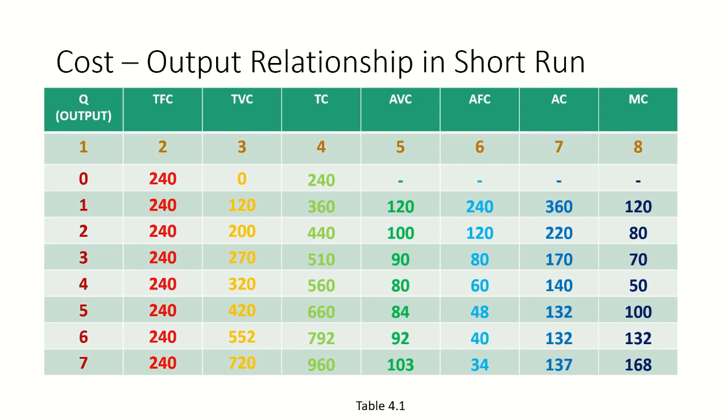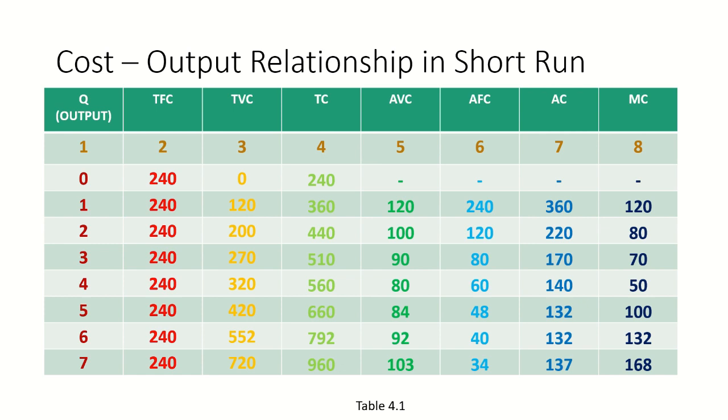And next one is the average variable cost. For finding the average variable cost, we divide the TVC by output. And average fixed cost is computed by total fixed cost divided by output. And average cost, we can find by total cost divided by output.